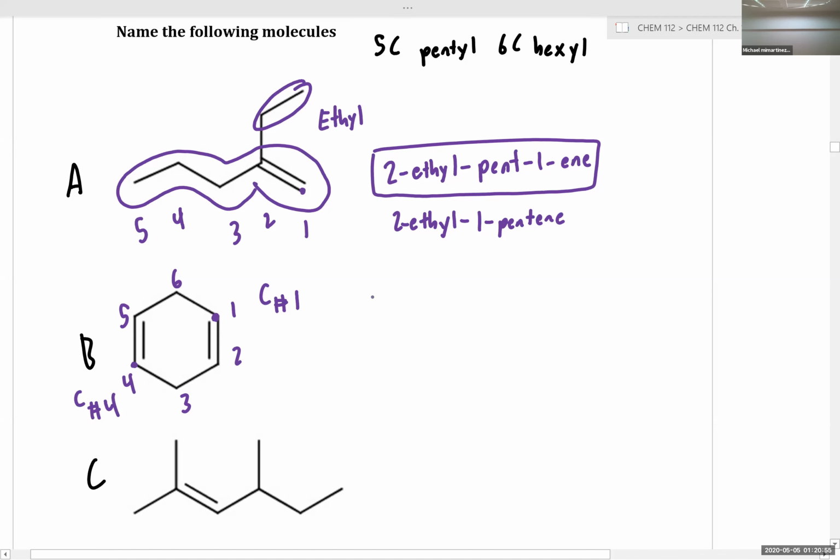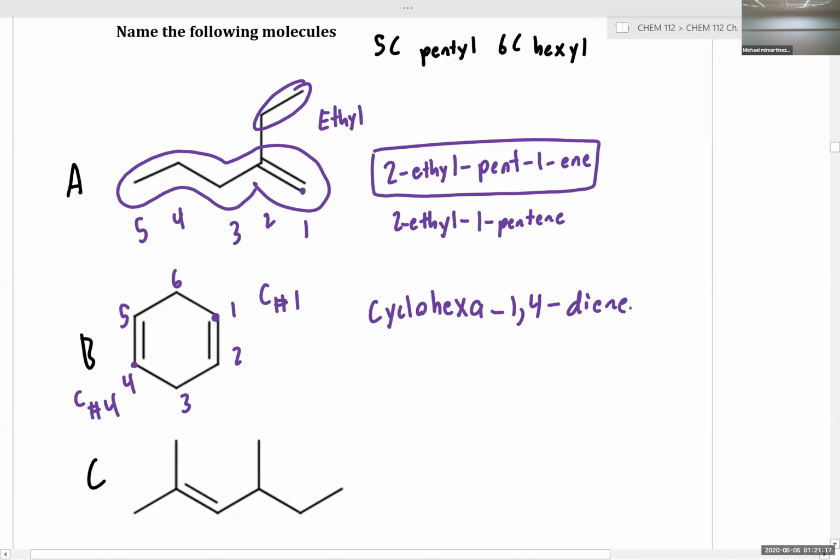So we call this cyclo, because it's cyclic, hex, and then it's hexa. And since we have two alkenes at positions 1 and 4, we call this cyclohexa-1,4-diene.